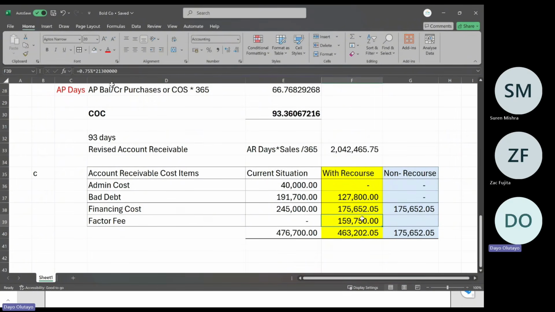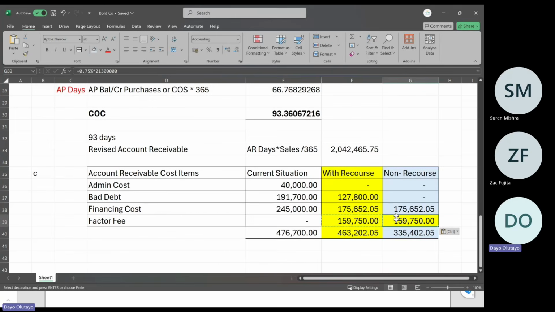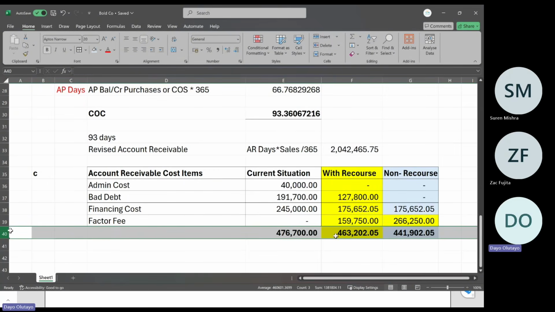And without recourse, it will be 1.25%. So these are the costs that we will incur on our account receivable based on our current situation, if we get a factor with recourse and if we get a factor without recourse. And total cost has been calculated below.